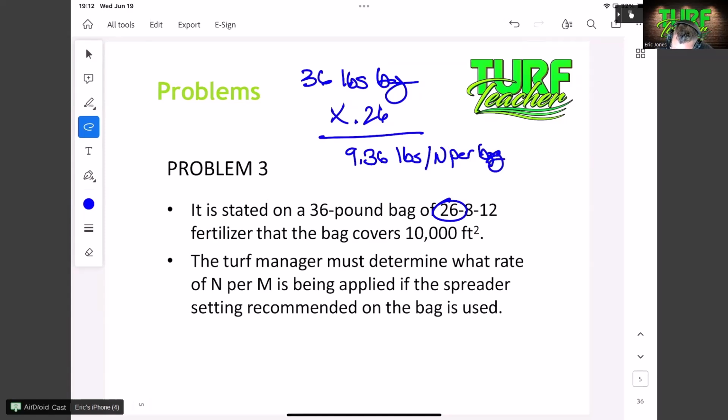I'm going to go ahead and round that up to 9.4. And then we take that number right there, the 9.4, which is pounds of nitrogen, and divide it by 10. We're going to get 0.94 pounds nitrogen per 1,000 with the recommended setting.